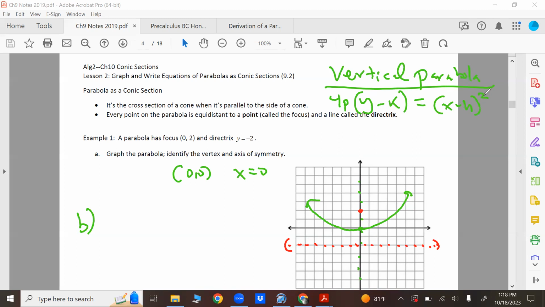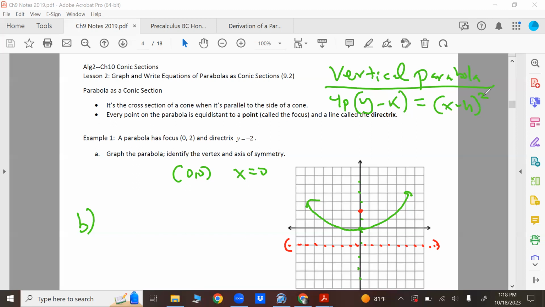It's a little strange, but I did do the derivation with you guys. The derivation said it was x squared equals 4py, right? But now we have a vertex, h and k, so we just incorporate h and k in the transformation. It's weird, because usually you want to isolate y. I know that's what you want to do, but I rewrite it this way because it's going to be easier for you to work with down the road, right?